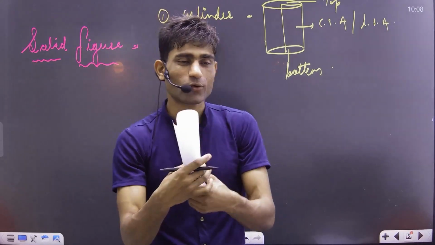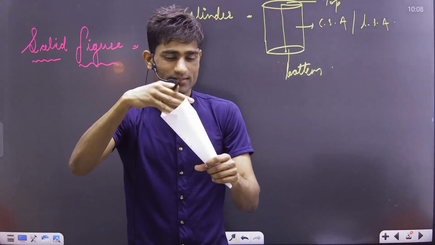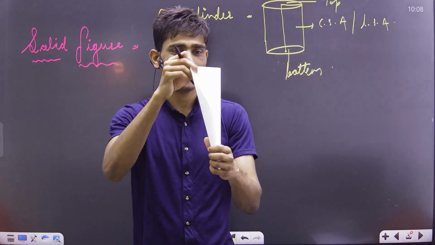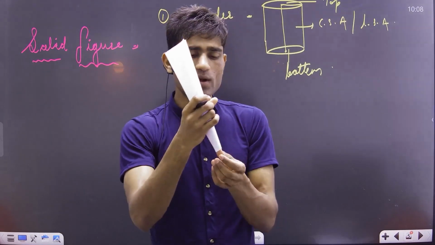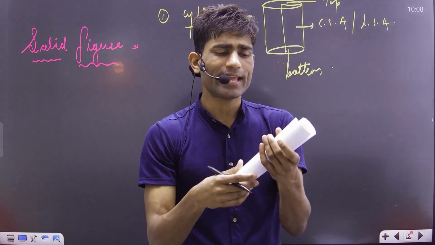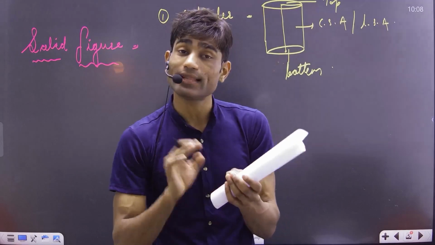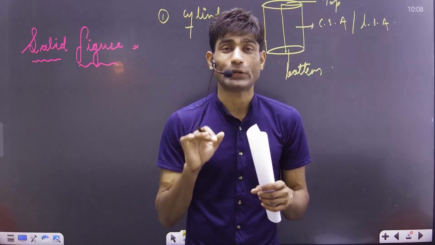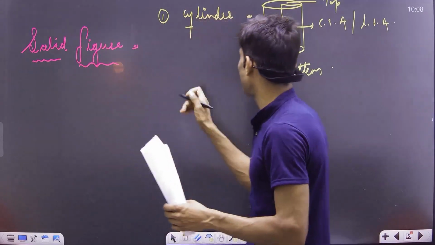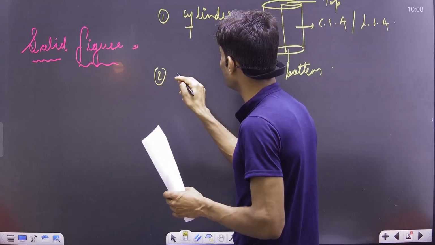Let me build the cone for you. This one we have a cone, at one side we have a single point, and on the other side we have a circular shape. So let me write the second topic we are going to learn: cone.